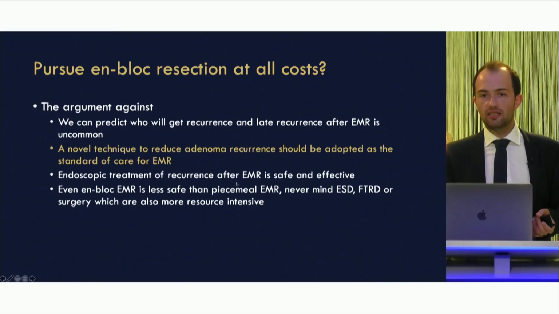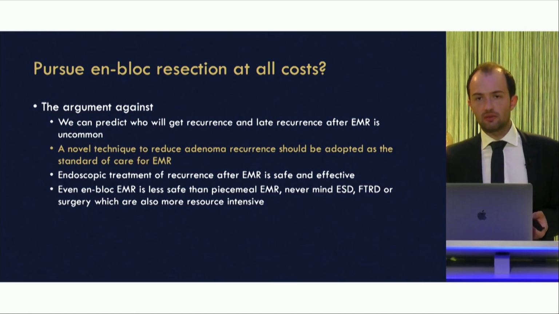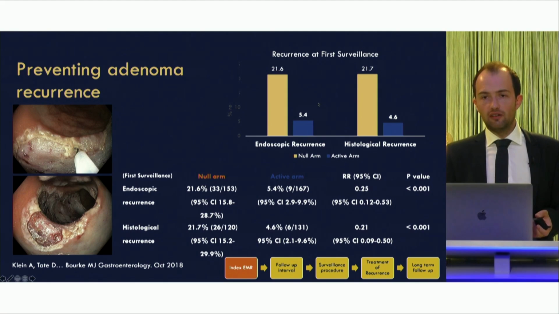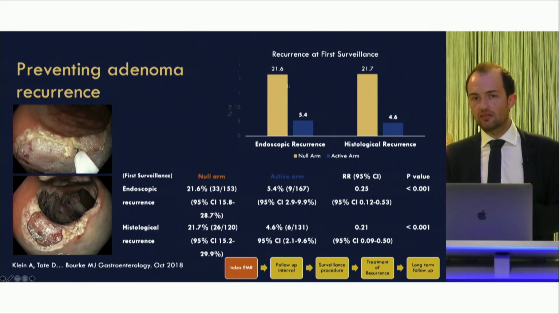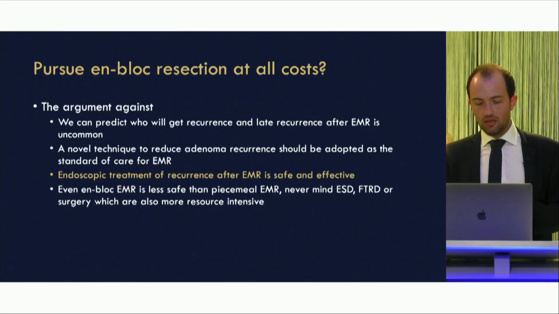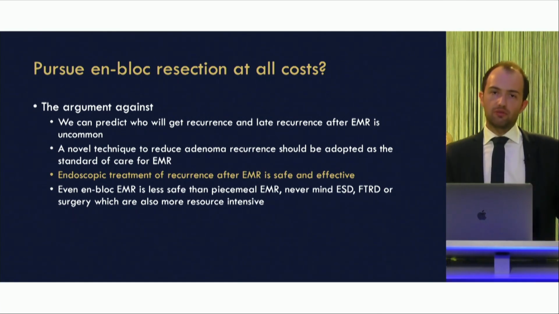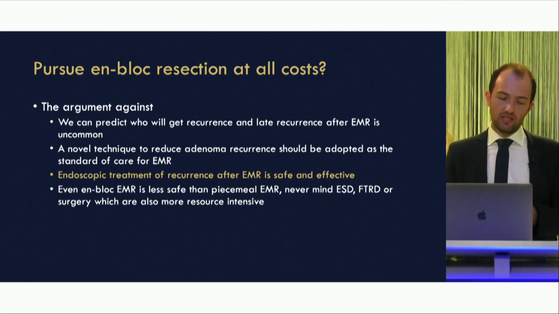A novel technique to reduce adenoma recurrence was published in Gastroenterology at the end of 2018, showing a 4-fold reduction in the active arm versus the null arm, both in endoscopic recurrence and histologic recurrence at first surveillance colonoscopy. That is very important, because it means that now we can really prevent recurrence happening before the surveillance procedure.